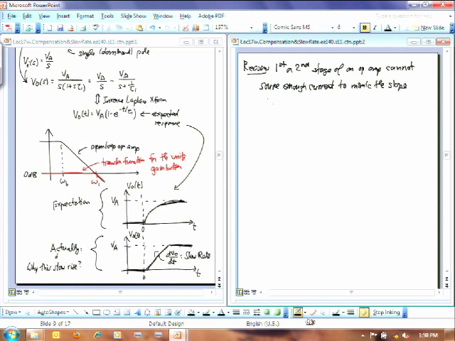Let me draw a little op-amp here, and just to show you things from the other side, I'm going to make this one with PMOS inputs. So here's my diff pair with the PMOS input devices. I'm still going to have a current source load. The current source will have NMOS devices.